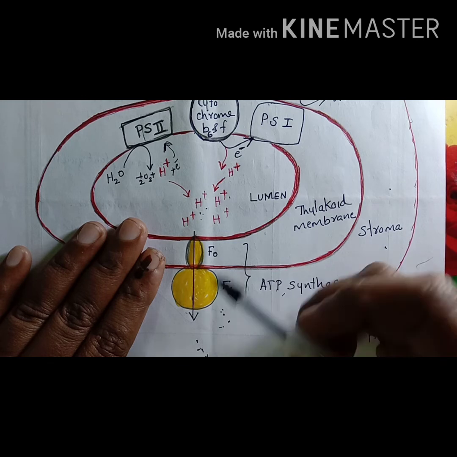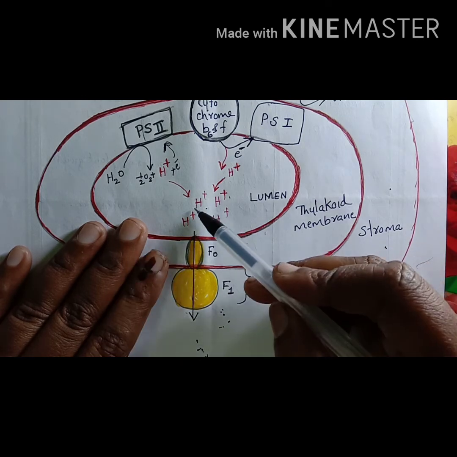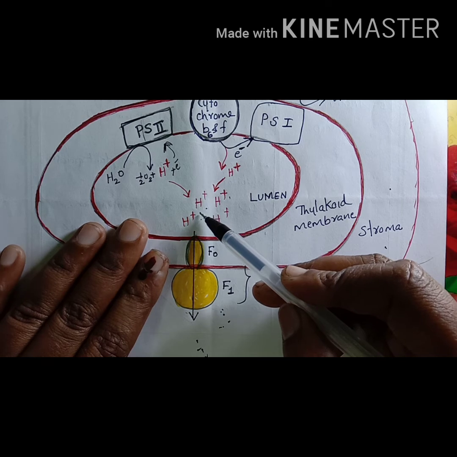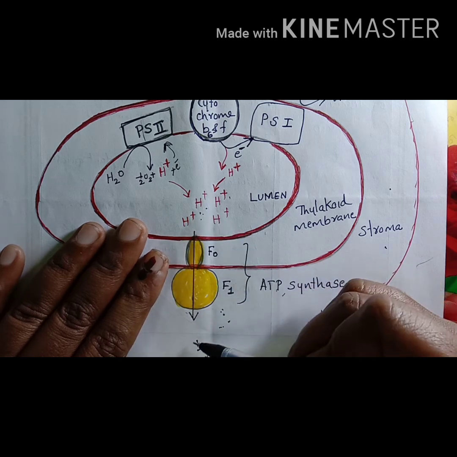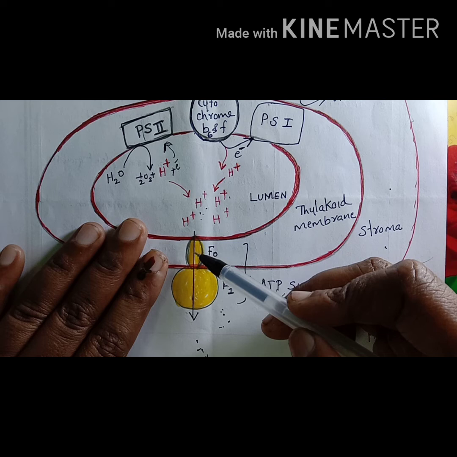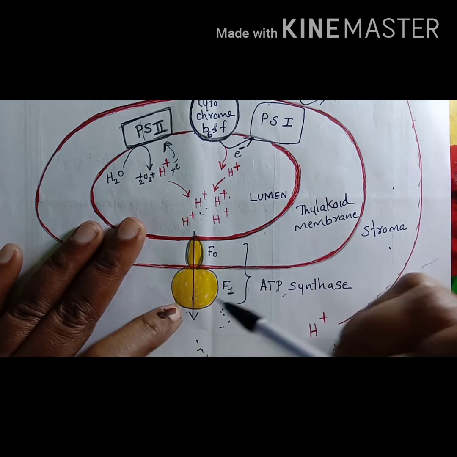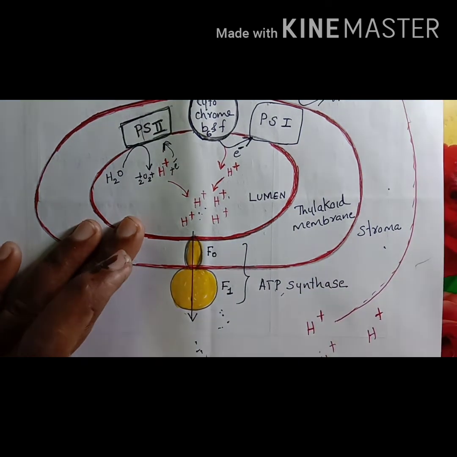That means the breaking up of the proton gradient, isn't it? The proton gradient is breaking up. From higher concentration, the protons are moving to the lower concentration. This breaking up releases energy, and this energy is utilized by the same enzyme, ATP synthase or ATPase.